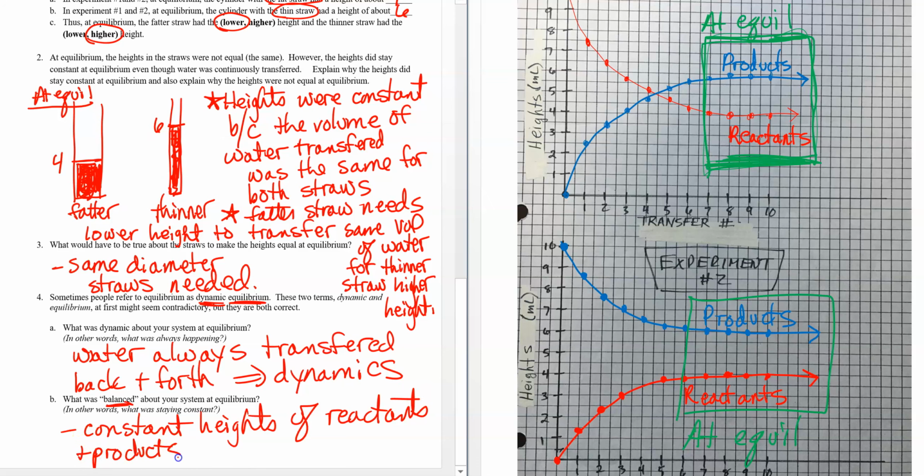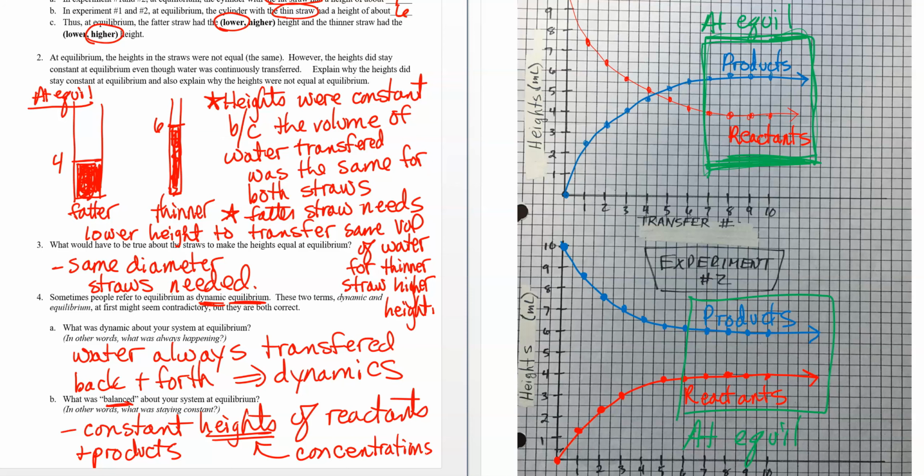And what our analogy is going to be eventually is these heights are going to be our concentrations of reactants and products. Again, this is an analogy. Our heights are kind of going to be the concentrations. But I just wanted you to see it.